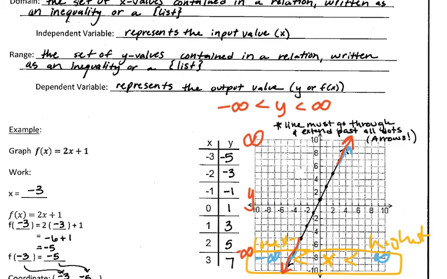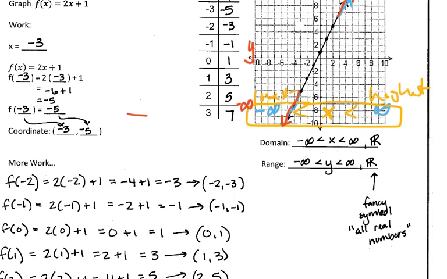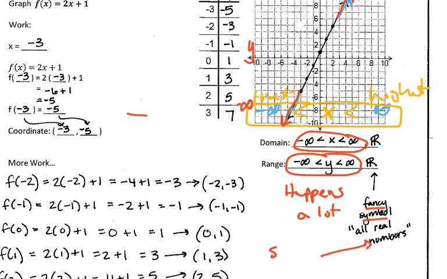All right. So taking a look down here, you'll notice that that's what we wrote for our domain and our range, but then, ooh, fancy symbol. Instead of writing negative infinity to infinity, which happens a lot, this is our shorthand.